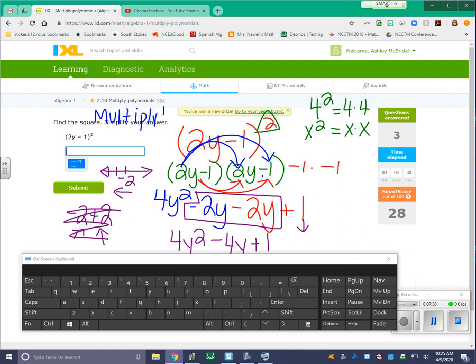You can also use your calculator. 4y second. See, I messed up. Put a 1. 4y to the second minus 4y plus 1. There we go. All right, we'll do this last one.